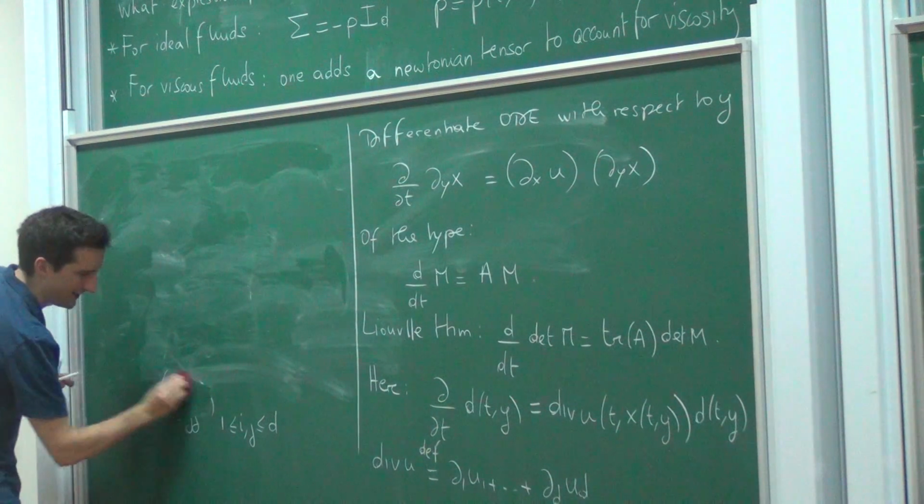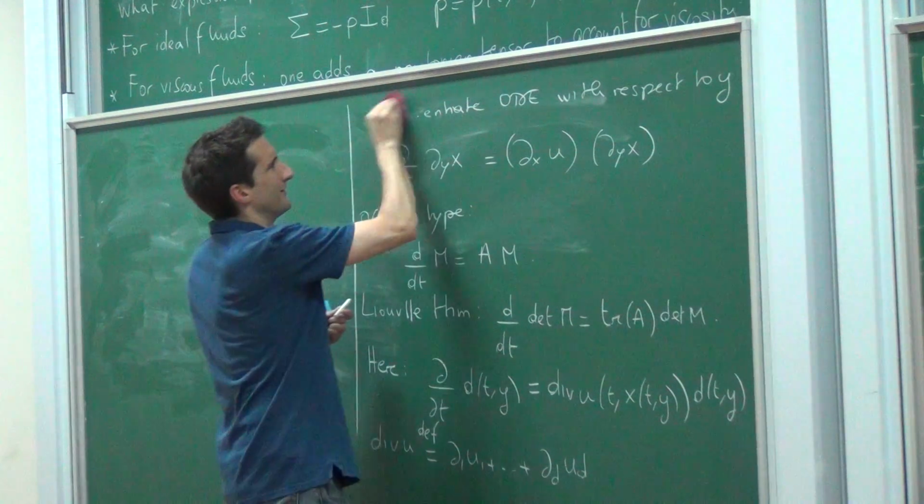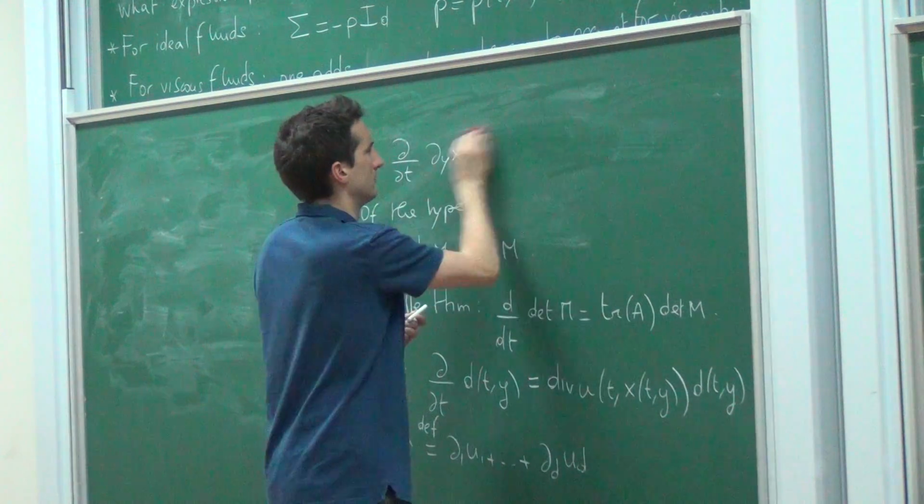So at the end of the day, you get the Euler and the Navier-Stokes equations.